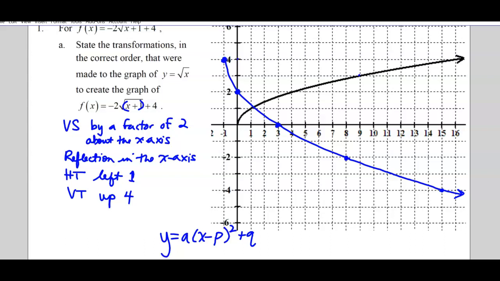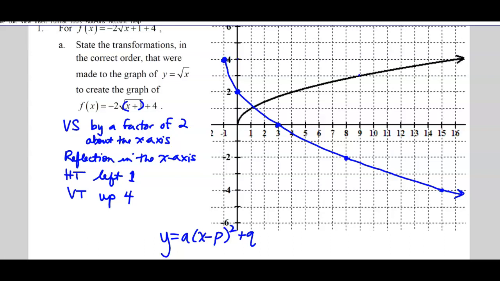And I know, really, if I did all those transformations, I have to stretch it, reflect it, and then do those translations to here. So from here, I draw the correct shaped graph, which has a stretch by 2 and opening down. So for 1 unit over, the base graph usually goes 1 up. Now I'm going to go 2 down. And same on the other way, right, to get that shape.